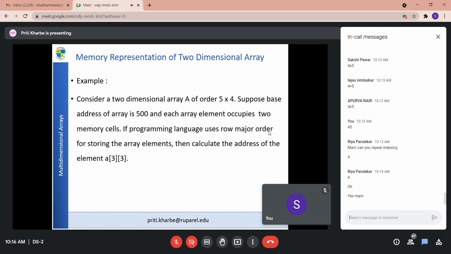Okay, done. Now see, they have not mentioned any starting index for your rows and columns. So we will assume that indexing is starting with 1.